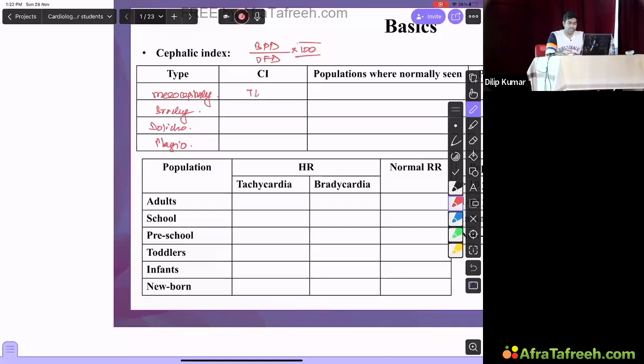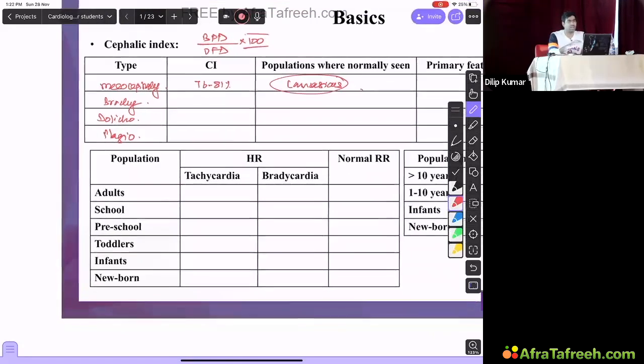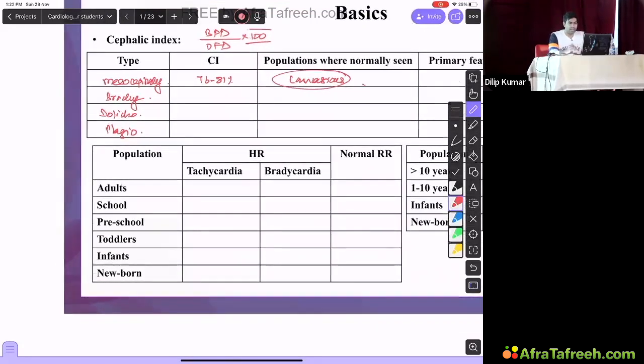Cephalic index of 76 to 81% is considered the mean range. So mesocephaly means 76 to 81%. Very commonly, this kind of skull is seen normally in Caucasians. Brachycephaly means the cephalic index is more than 81%, which means the biparietal diameter is relatively more than the occipitofrontal diameter.